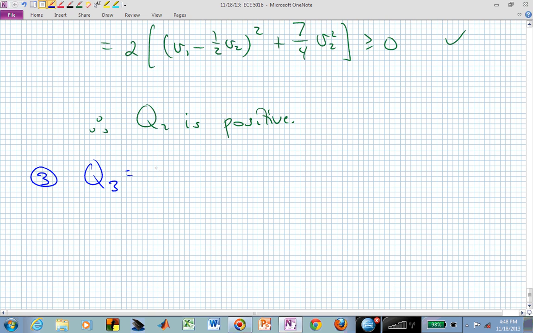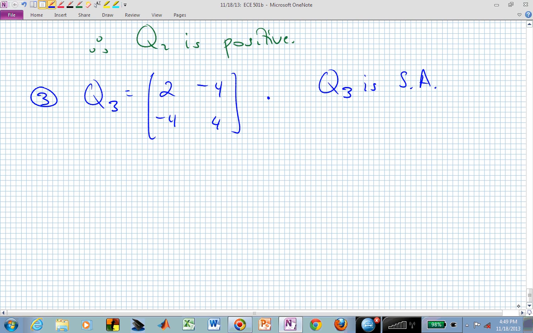Suppose Q sub 3 is now 2, minus 4, minus 4, 4. Is Q sub 3 self-adjoint? It is. So now Q sub 3 is self-adjoint, and let's now look at Q sub 3 v as an inner product.